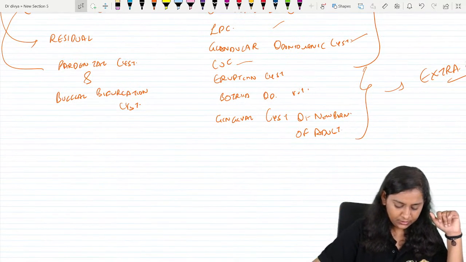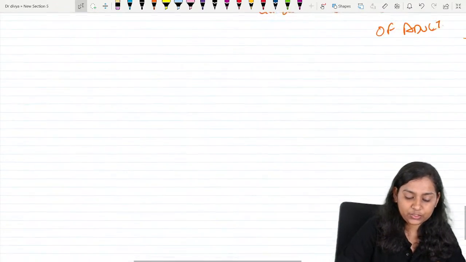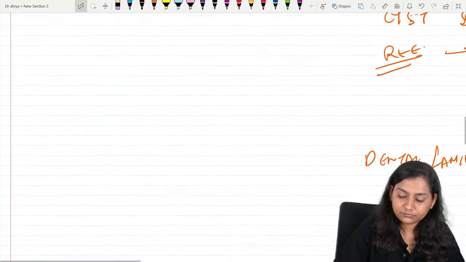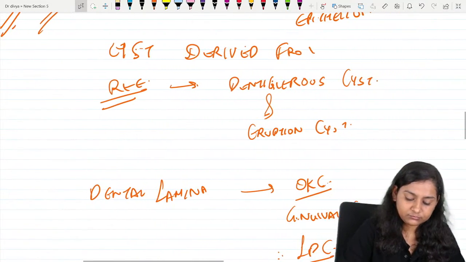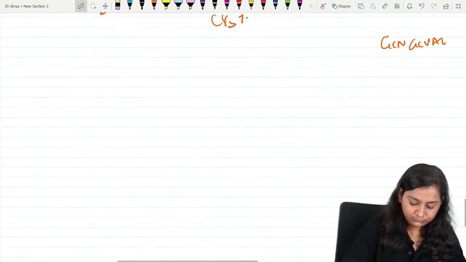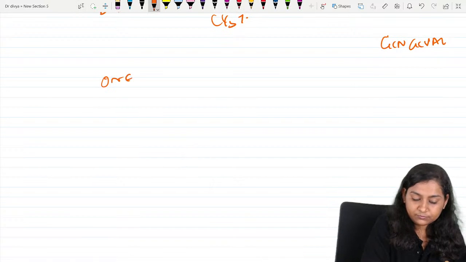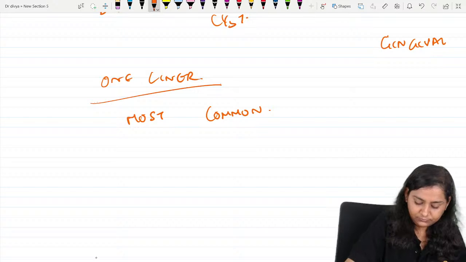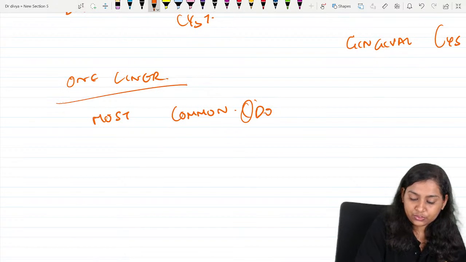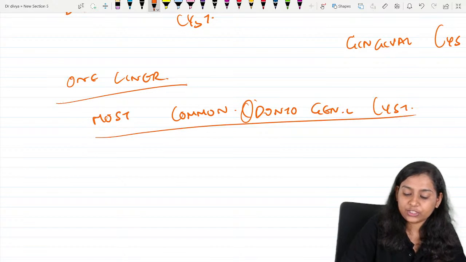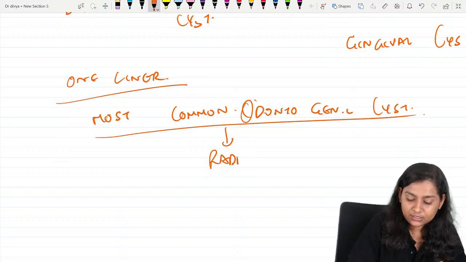Now coming to the one-liner MCQ, which is very, very important. Which is the most common odontogenic cyst? It is radicular cyst.